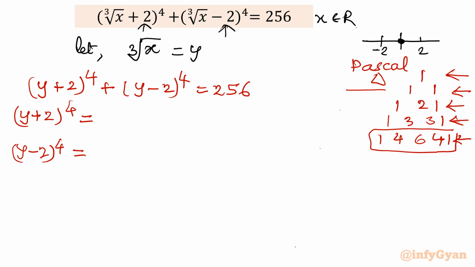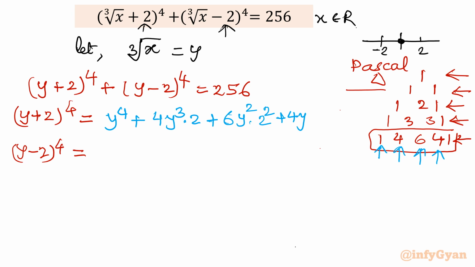Let's write the expansion. First power will decrease, so I will begin with y power 4 plus, see the coefficient, 1 is done, 4 times y cube times 2 plus, this is also done, now 6 y square, second power will increase in ascending order, 2 square, now fourth coefficient will come, plus 4 y only, y power 1, times 2 cube plus last is 1.